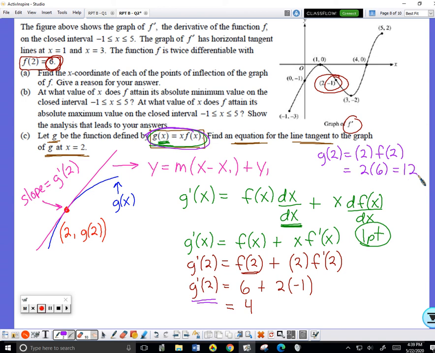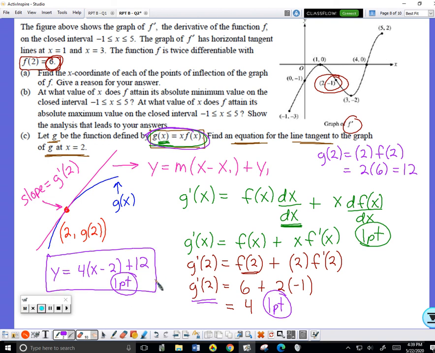Oh, this is one more point right here. We're finding that g prime of 2 is 4. Now I write the equation y equals 4 times (x minus the x-coordinate, which is 2), plus the y-coordinate, which is 12. And that gets you the third point here.